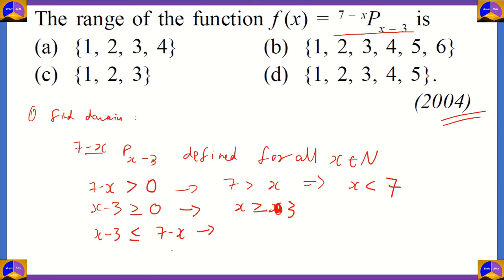So therefore that is the third relation here. So you can take 2x is less than or equal to 10. That means x is less than or equal to 5. So therefore x is less than 7, x is greater than or equal to 3, and x is less than or equal to 5, which implies that the values of x are 3, 4, and 5.